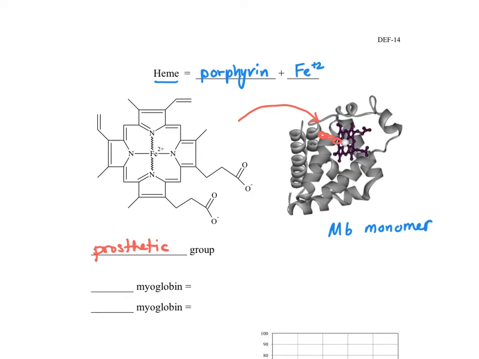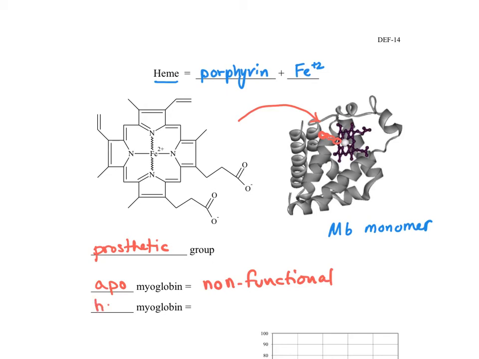Now, more terminology for us here though. If you have myoglobin protein on its own, it is called apomyoglobin. That's a general protein term. Apo means a protein that's missing some extra functionality. And apomyoglobin without the heme is non-functional. It cannot do what it needs to do because it doesn't have that iron and that heme.